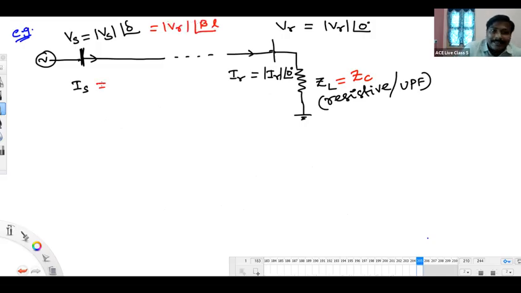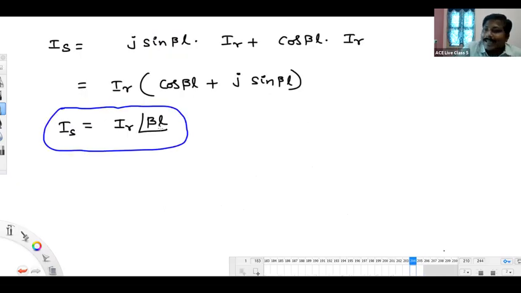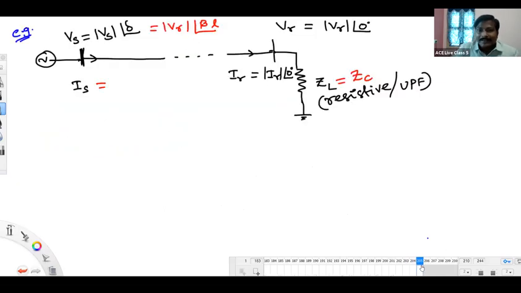How is your sending end current with respect to this condition of ZL equals ZC? You know it is IR at angle beta L. What is IR? We know it is mod IR at angle 0.